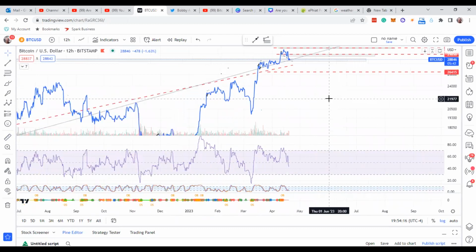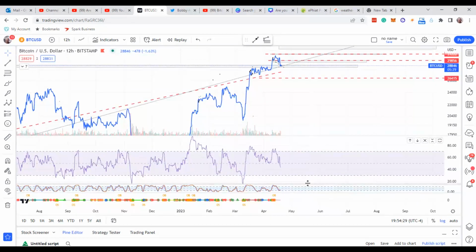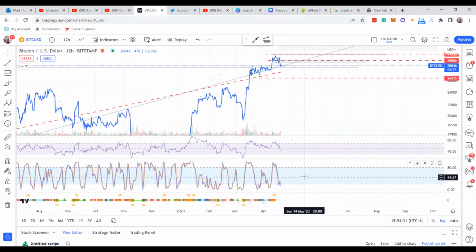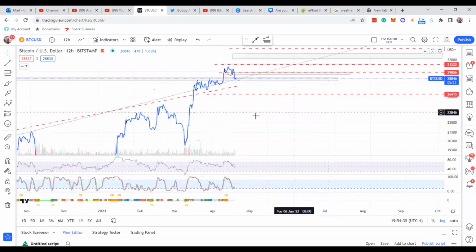So now we're over here. You can see in the 12-hour chart with Bitcoin that it came down and it's up, and then this 12-hour RSI is creating a nice amount of hidden bullish divergence, if you will, and the stochastic is getting down. So the momentum is definitely getting down to the lower side.